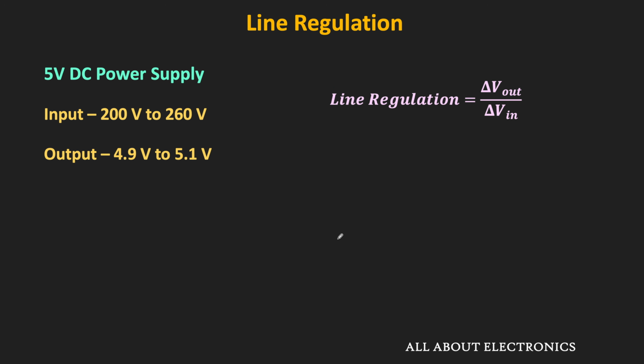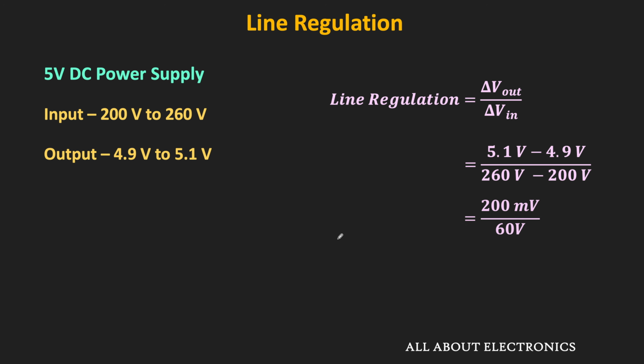So here, the change in the output voltage is from 5.1 volt to the 4.9 volt. And similarly, the change in the AC input voltage or the line voltage is from 260 volt to the 200 volt. That means here, this line regulation is equal to 200 millivolt divided by 60 volt. And if you calculate the value, then that will come out as 3.33 millivolt per volt.